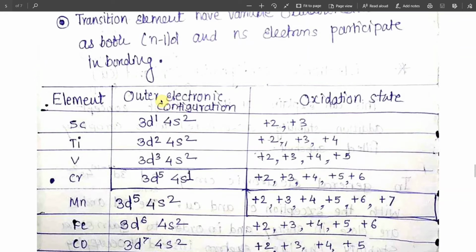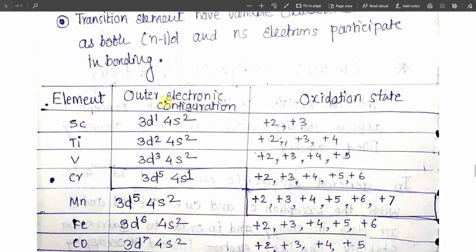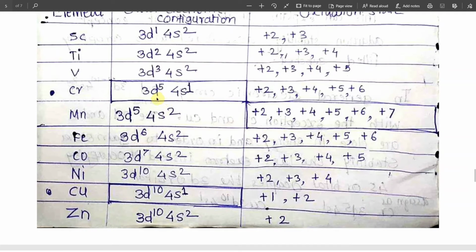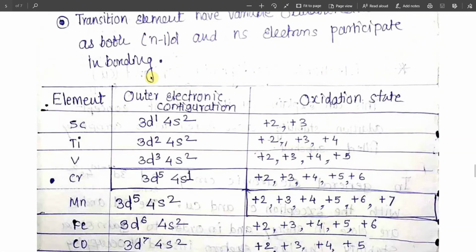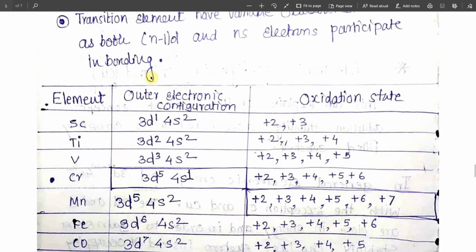And the elements shown in this table of the first transition elements are scandium, titanium, vanadium, chromium, manganese, iron, cobalt, nickel, copper and zinc.